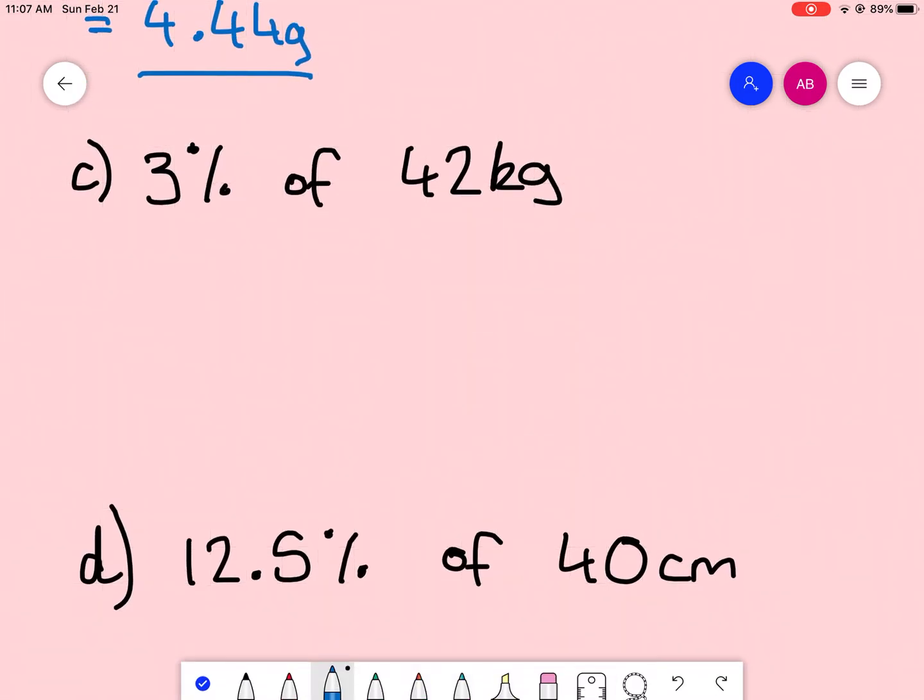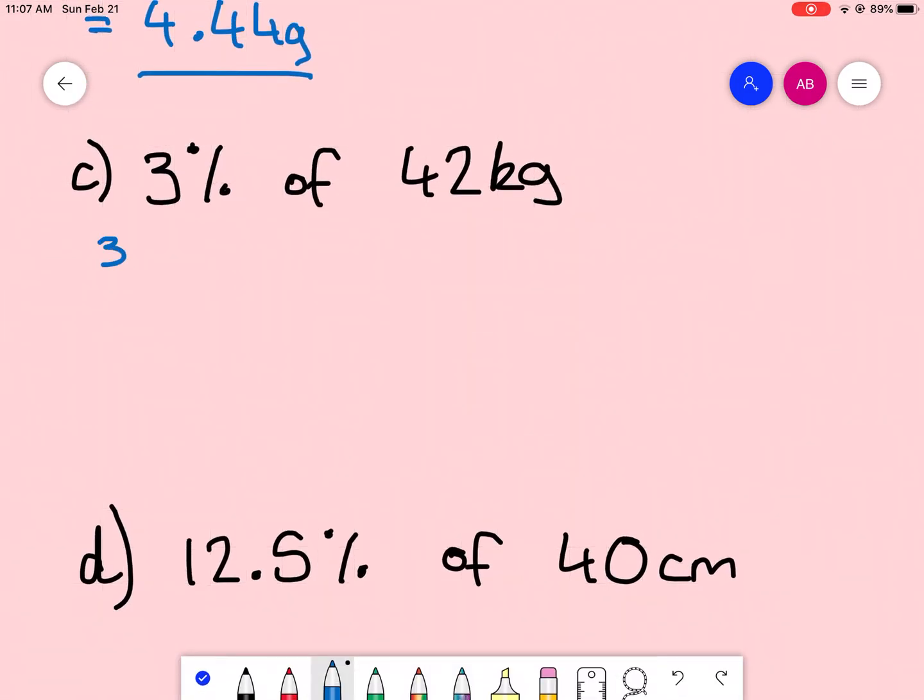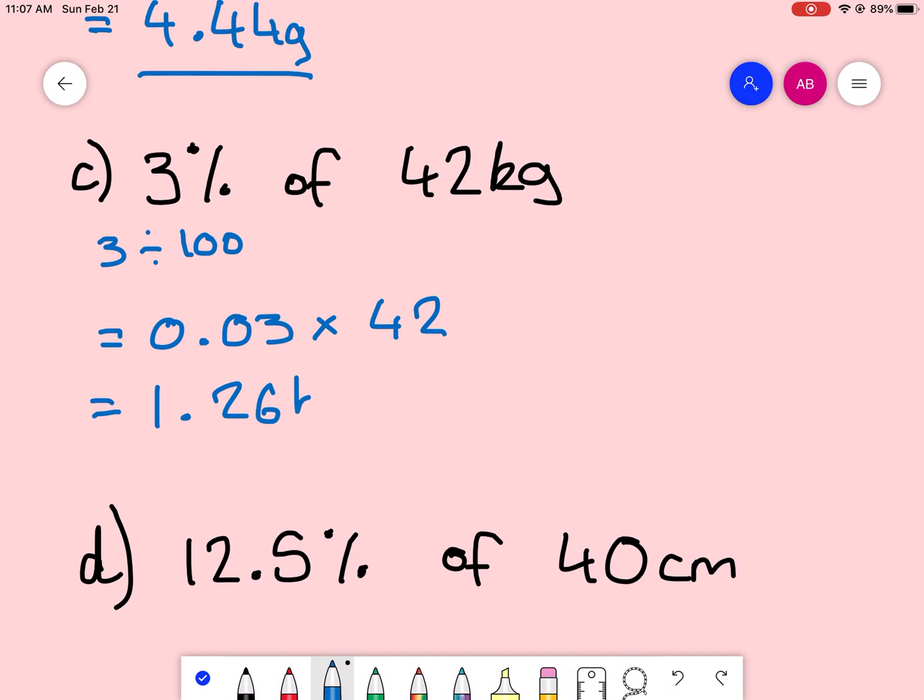The next one, 3%. So 3 divided by 100, I already did that in the last example. 0.03. Times that by the whole number of 42. And again, pop that in the calculator. You don't need to bother doing these in your head at all. 1.26 kilograms for us for that one.